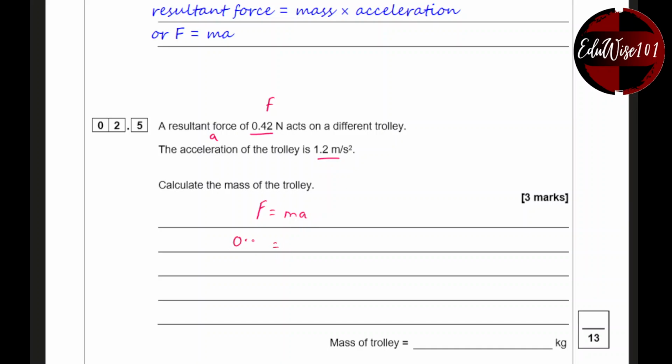Force is 0.42 equals the mass, which is what you're trying to find, multiplied by 1.2. So the mass is equal to 0.42 divided by 1.2, which is 0.35 kilogram.